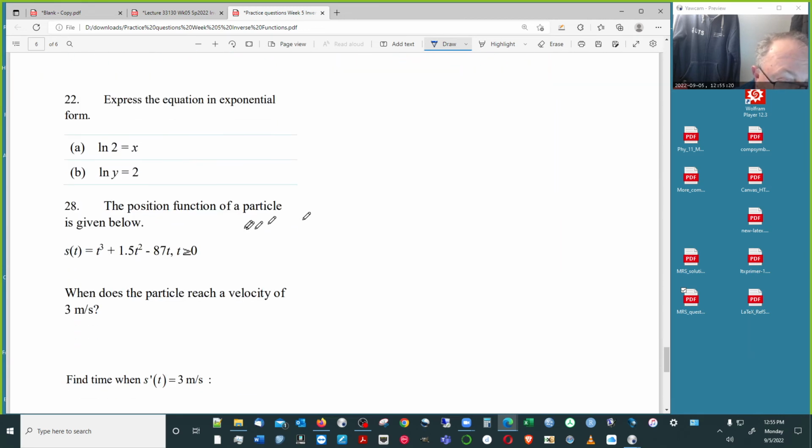Alright, express the exponential ln of 2, so raise everything to the e. That's undo, so therefore e to the x is equal to 2. I've just swapped them around.